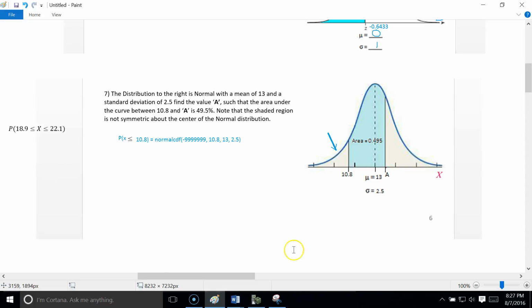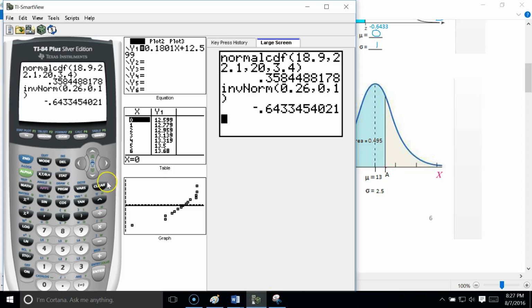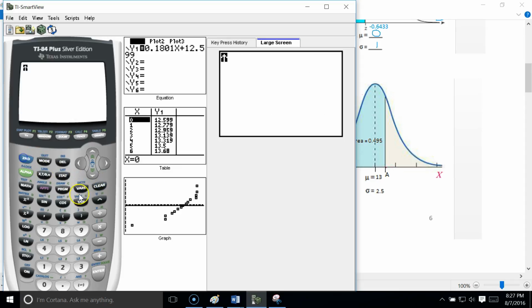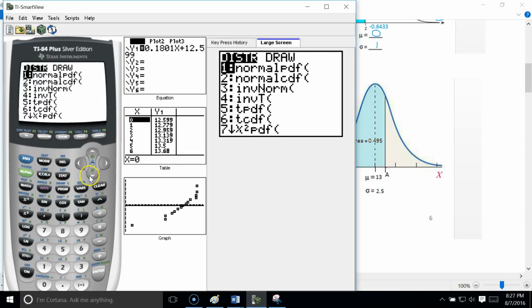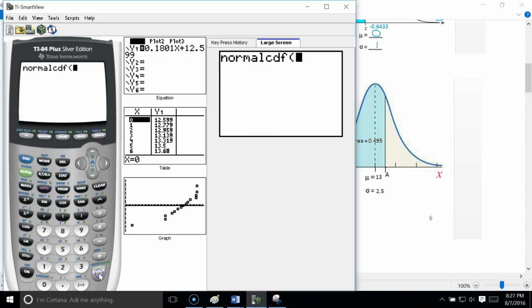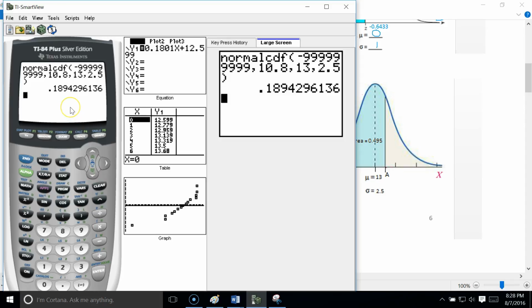If we use our calculator to find that, we get the following. Okay, so then we come back over here.